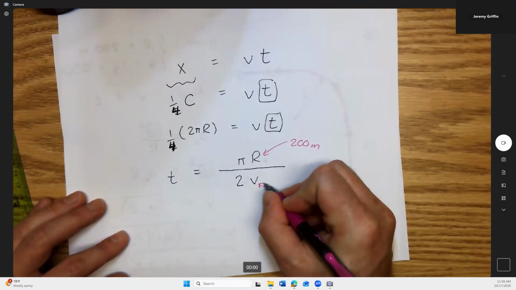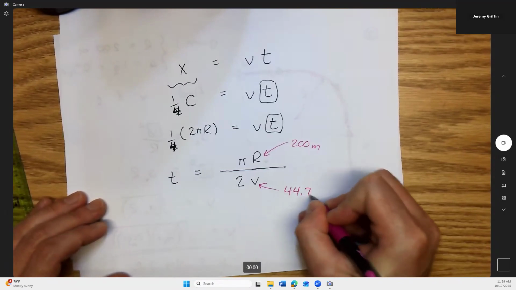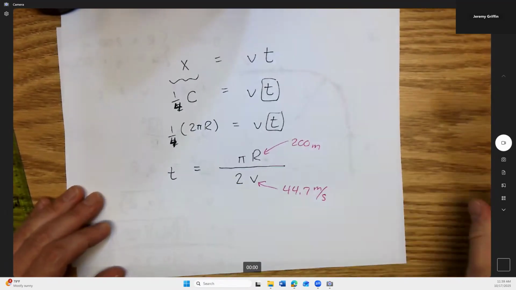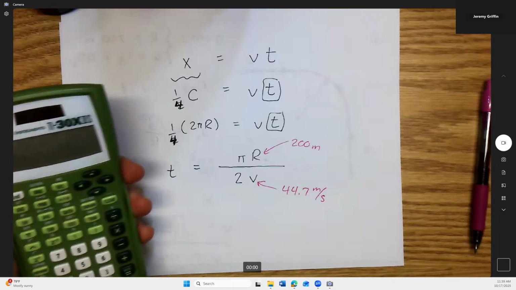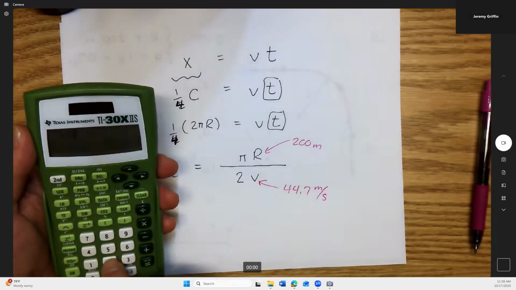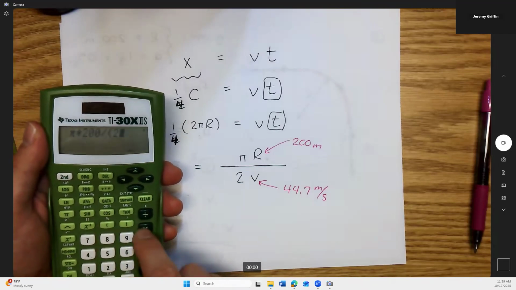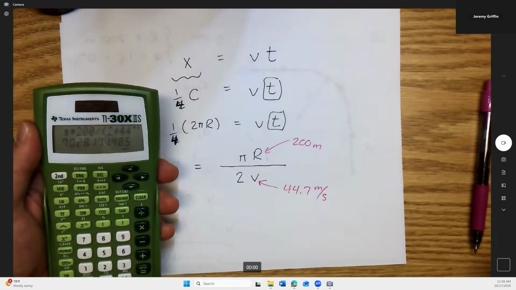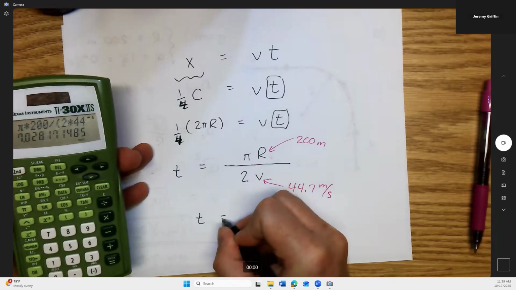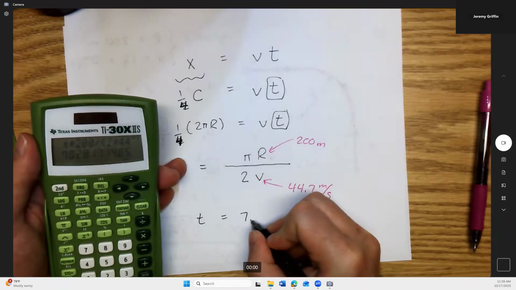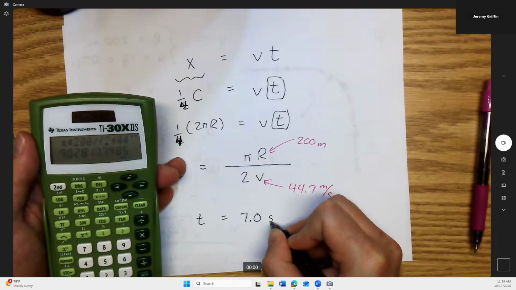In place of v, I'll put in 44.7 meters per second. Pi times 200 over 2 times 44.7. I'm getting the amount of time it takes is 7.0 seconds.